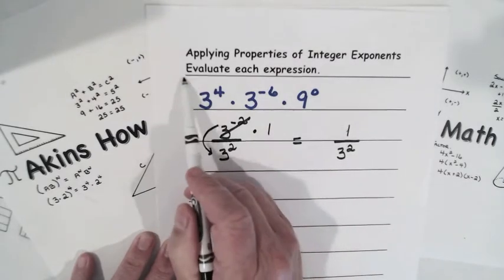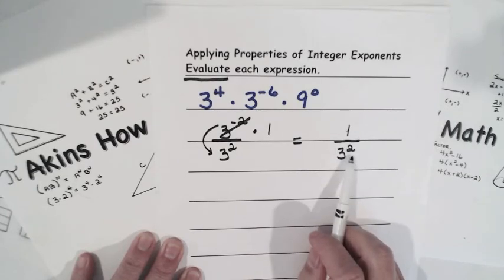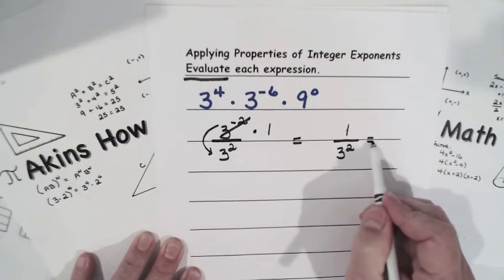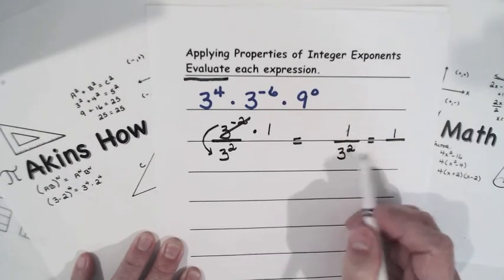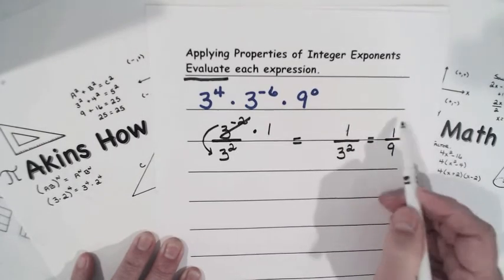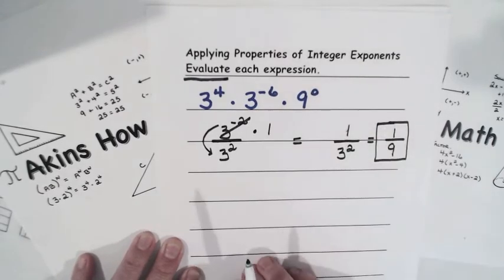Again, this says evaluate. If it says evaluate, I should not have exponents left over. That means I need to leave the 1 in the top and take 3 to the 2nd power. 3 times 3 is 9. So my answer for number 2 should be 1/9.